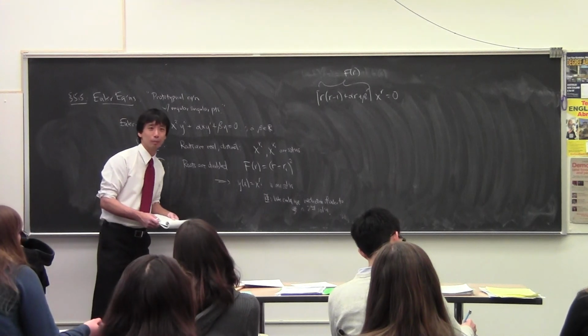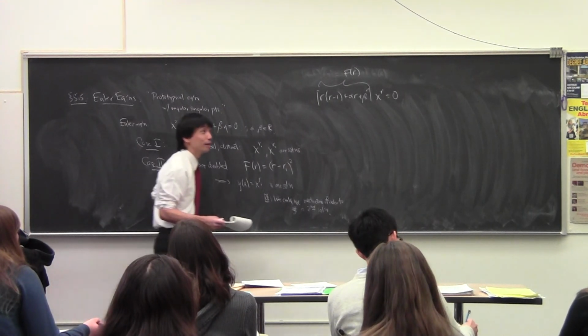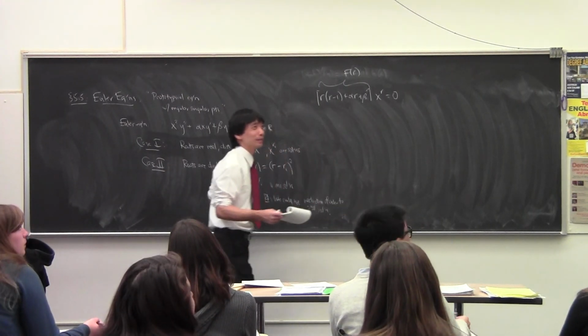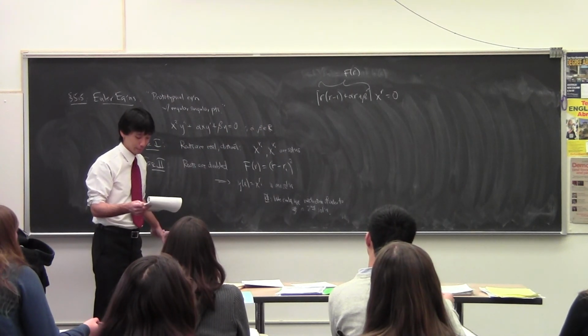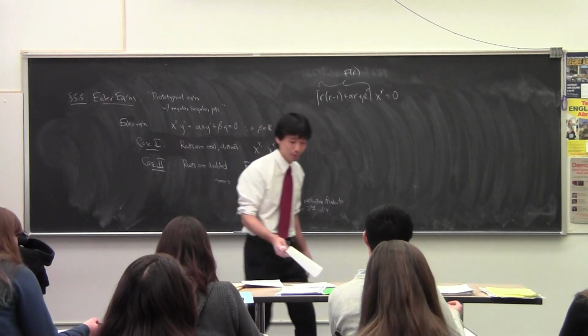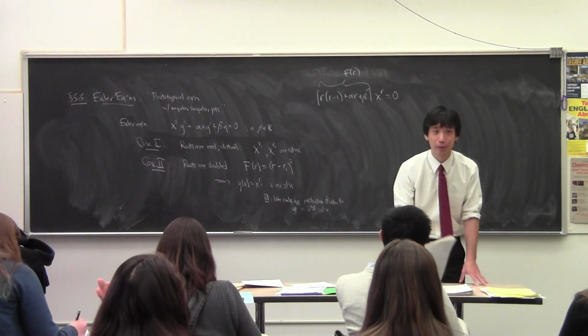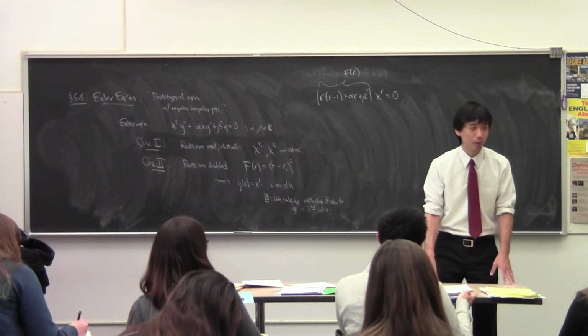But instead we'll do something completely different. Do we have time to do it? Let me think. No, we don't. We'll do it next time. We'll do something a bit more clever than reduction of order, which is very clever.